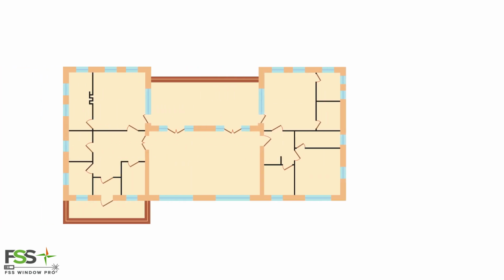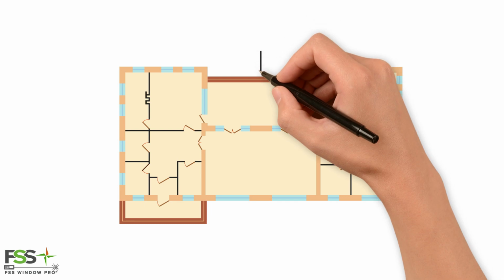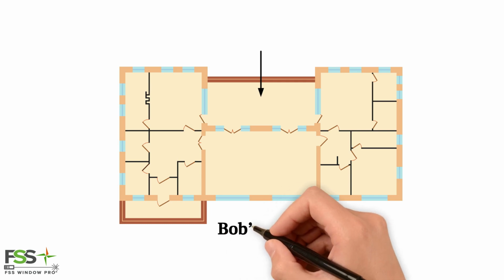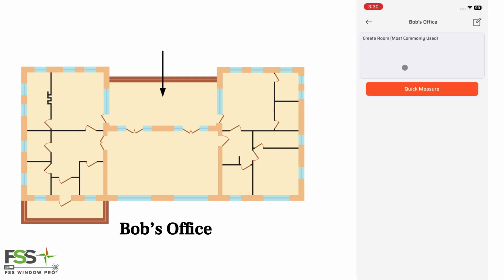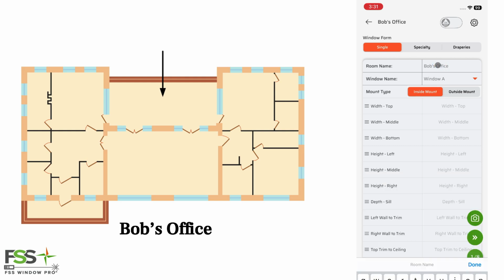Now, let's look at another commercial example. In this case, the space is a little more structured. Imagine you walk into the job from the elevator bank and the entire space belongs to one tenant. Maybe we'll call it Bob's office. So the project name might be Bob's office, and inside that project you create one room with the same name. From there, you follow the same fundamental rule.